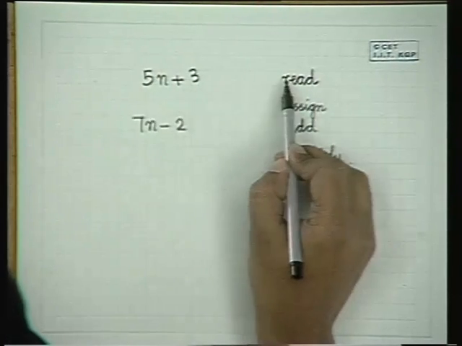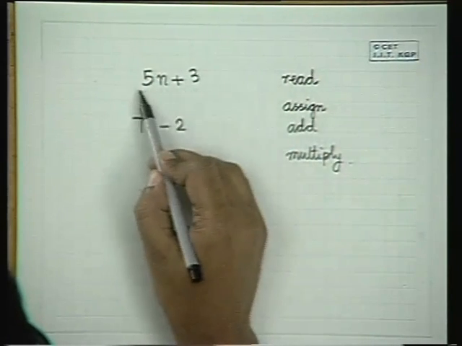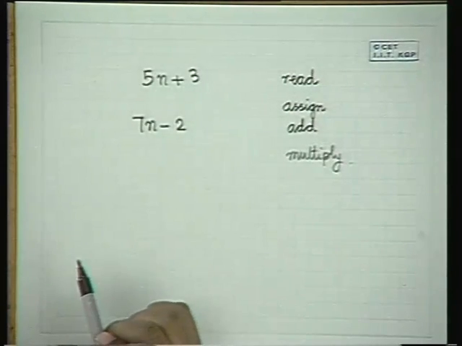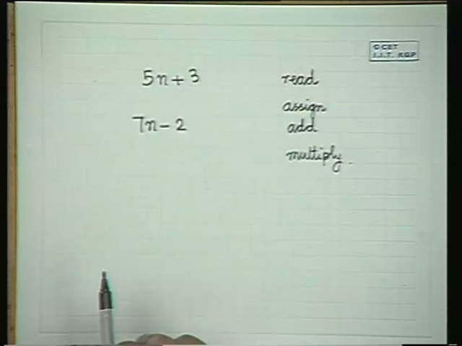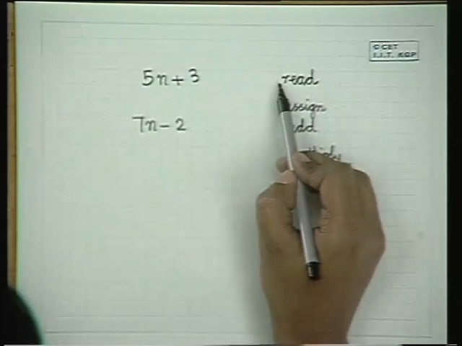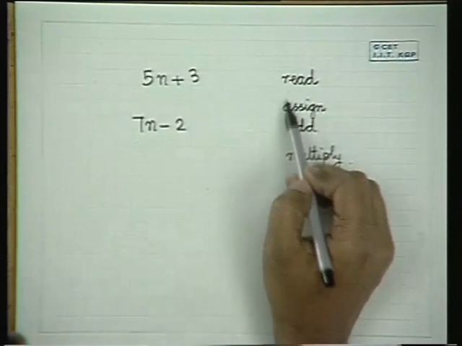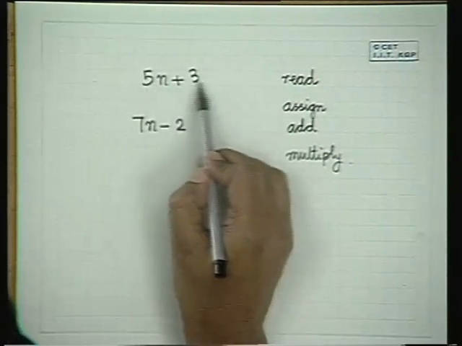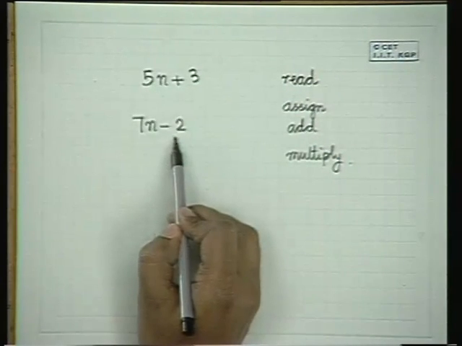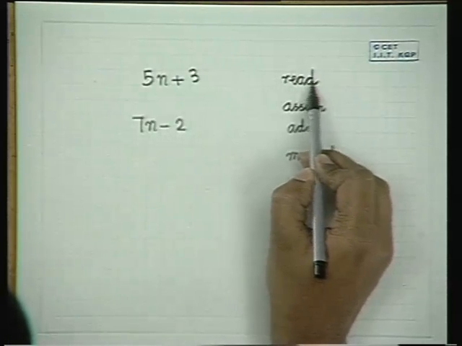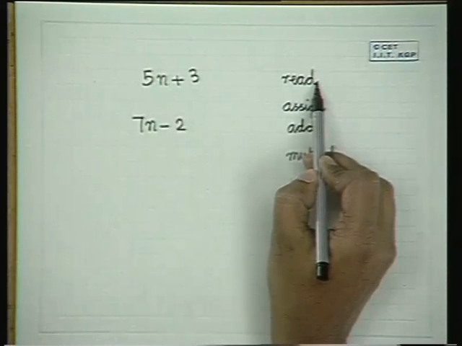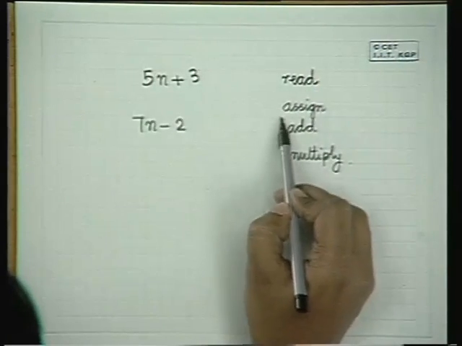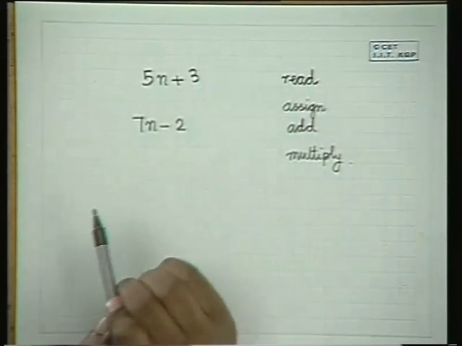Now in one machine, can I compare these two and say this is better than this? When I run it on a machine, I cannot, because it depends on the actual execution times taken for these statements here and the ratio that they have here. For example, the read statement may take a lot of time in one machine, but this one may have, for example, the add statement may take a lot of time in one machine.